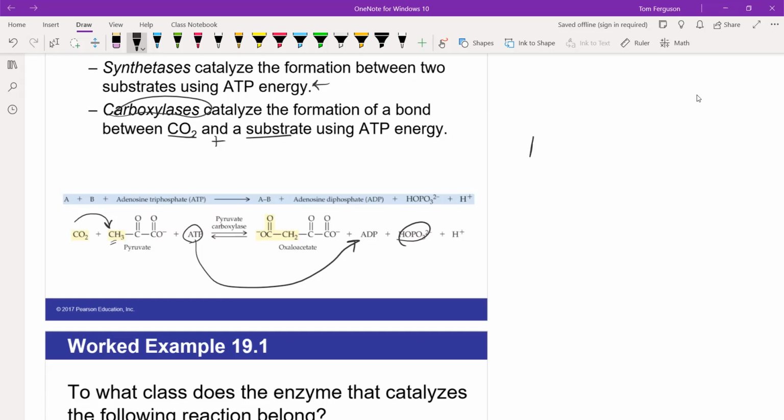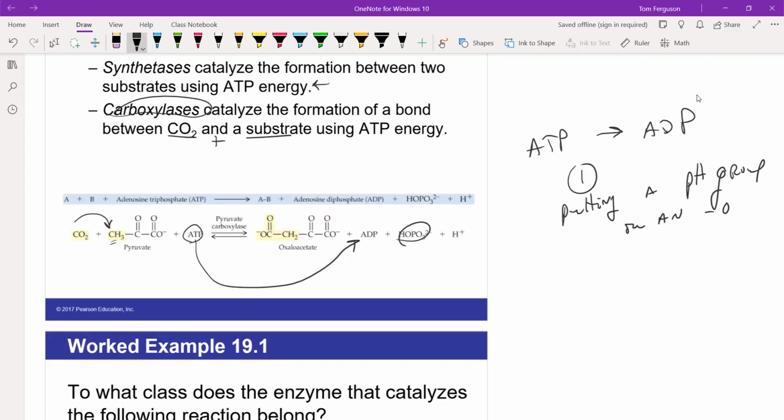So reason number 1 is like the fructose 6-phosphate, and then we're moving it over to a 1,6-bisphosphate. Number 2 is we're just needing energy.